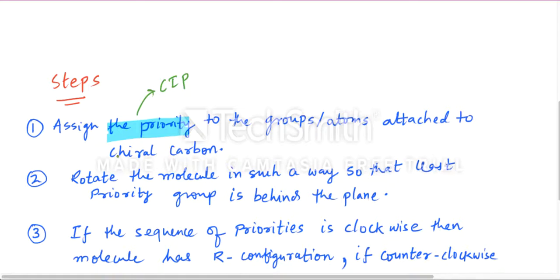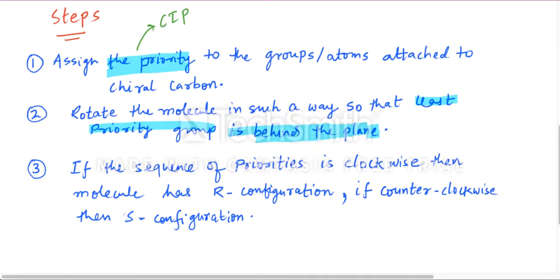After setting the priority of the groups, we will rotate the molecule in such a way that the least priority group goes behind the plane. After doing that we will check the sequence of the other priorities. If the sequence is clockwise, then we say it has R configuration, and if the sequence is counterclockwise, then we say it has S configuration.